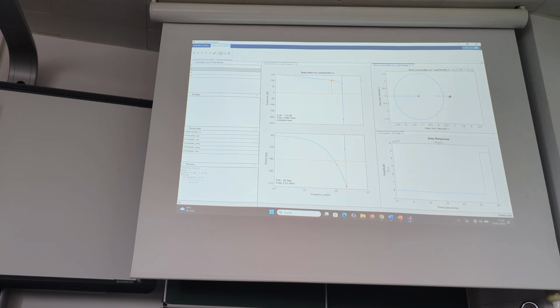The breakaway point moved into the unit circle, and this way we have the possibility to get the closed loop poles into the unit circle and get a stable system behavior.